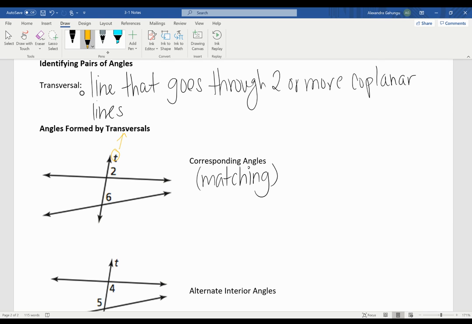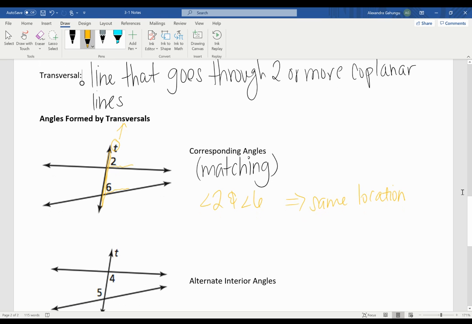If I notice here, angle 2 is on the same side of my transversal, and it's above each of my lines. So angle 2 and angle 6 are going to be considered corresponding angles. I always think of it as the same location, like matching locations on our lines.